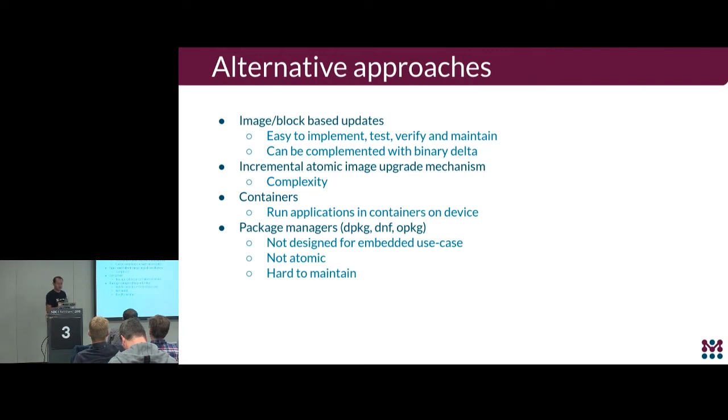This is pretty easy to implement, test, verify, and maintain. There are some downsides. I will go into this a bit more in the next slide. An incremental atomic image upgrade mechanism adds some complexity. Typically, an over-the-air system is complex enough, so you want to keep it as simple as possible.